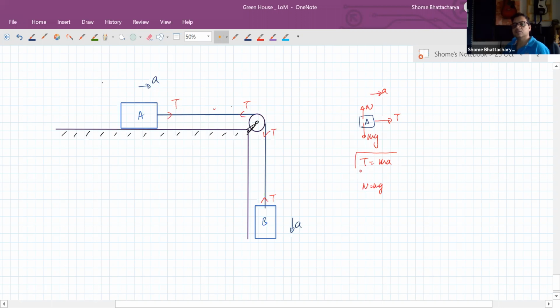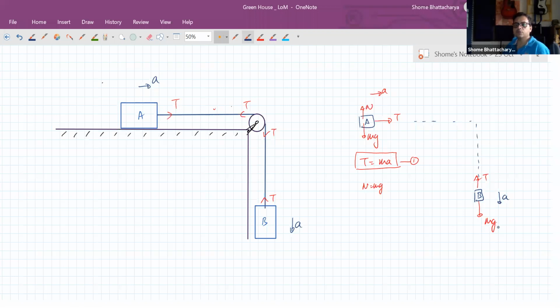This is equation 1. Now on the other side, look at the free body diagram of block B. B is accelerating downwards with the same magnitude of acceleration, but tension is trying to slow it down. If we cut the thread, there would be no tension, so it would come down with g, in free fall, but now it's not in free fall because of the tension.